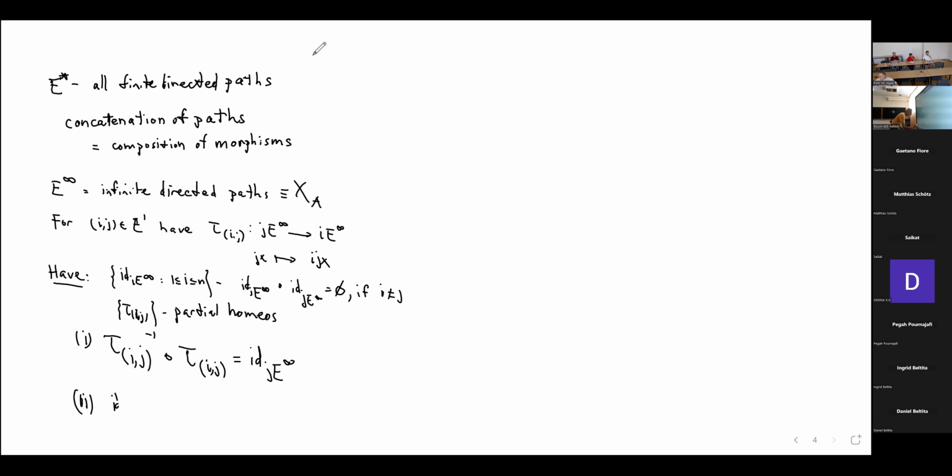With the identity on i E infinity, that's equal to the union over j from 1 to n of tau ij composed with tau ij inverse.